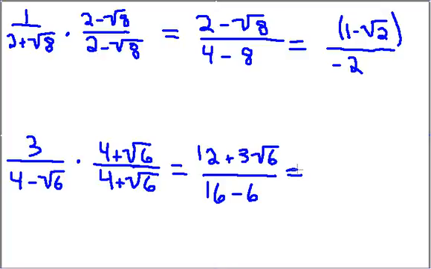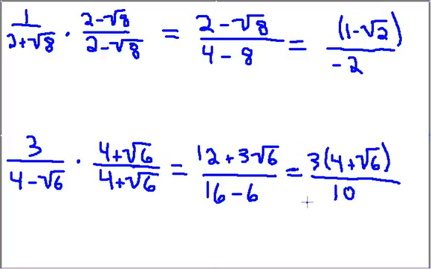On the top here, if you want to factor out a 3, go ahead. We can go 3 times 4 plus radical 6. So remember, 3 times 4, that's the 12. 3 times radical 6 is this 3 radical 6. And then in the bottom we have 16 minus 6, which is 10.